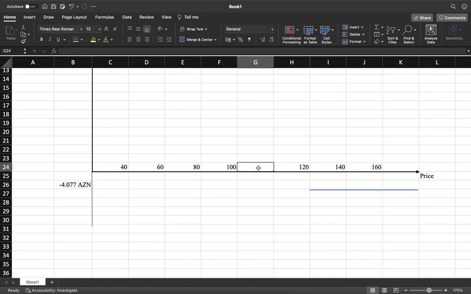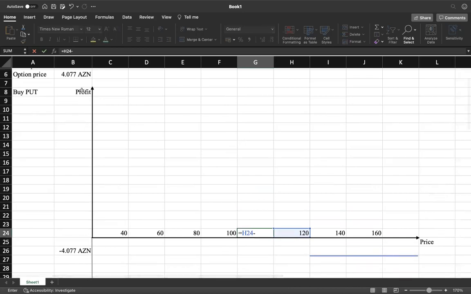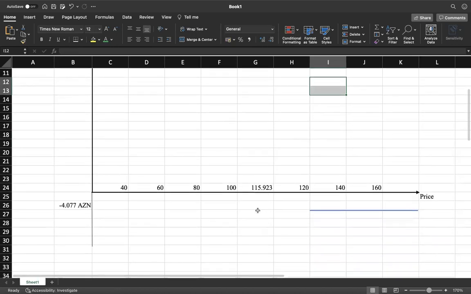So till where? 120 minus option price. What does it mean?